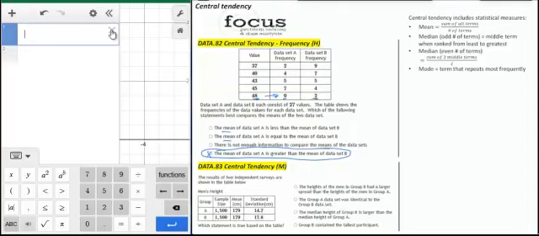In this question, it's basically asking you to interpret the standard deviation, because we see that the sample sizes are the same, the average is the same, but the standard deviation varies. The standard deviation means the average difference of each data point from the mean.